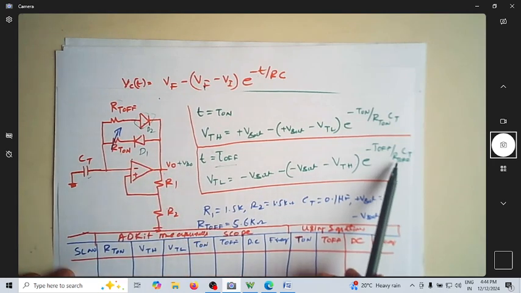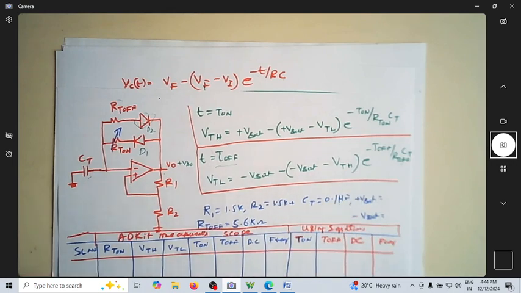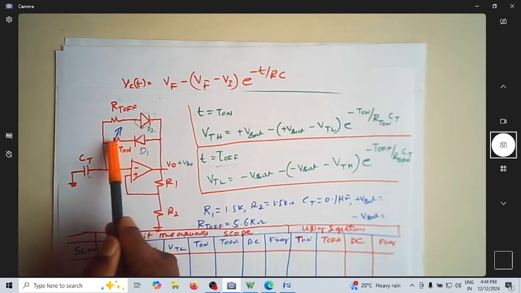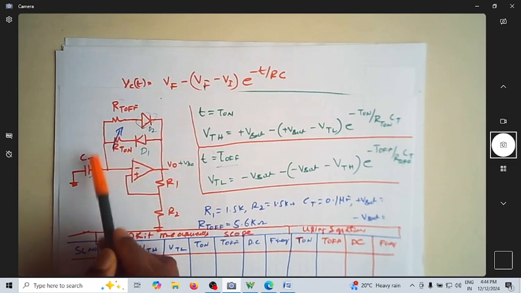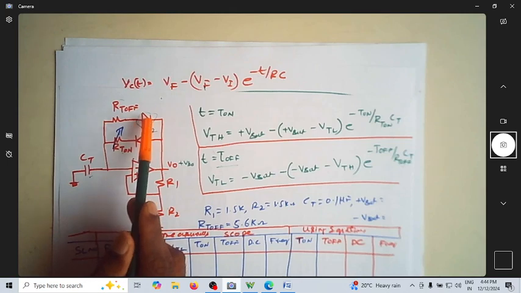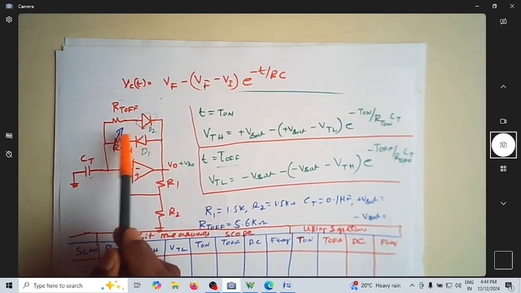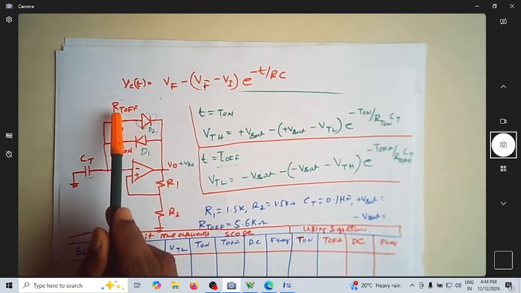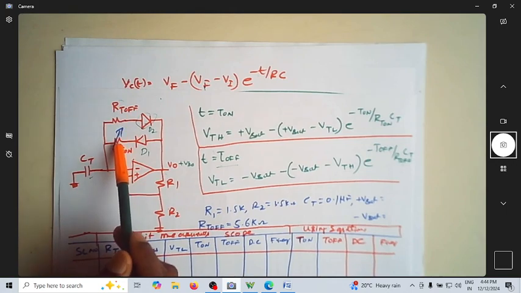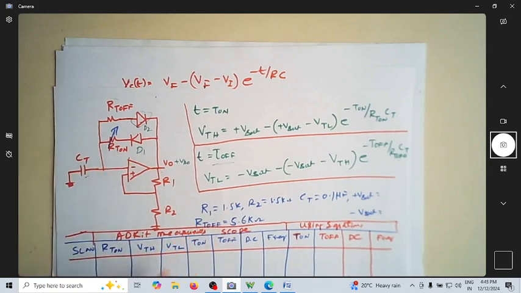So that's why I'm not including RT off plus diode resistance, because that diode resistance will be very small during the on condition. This path will be used during charging the capacitor, and this path will be used as the discharge path. Now, if the values of T off and T on are different, then the duty cycles will also be different.